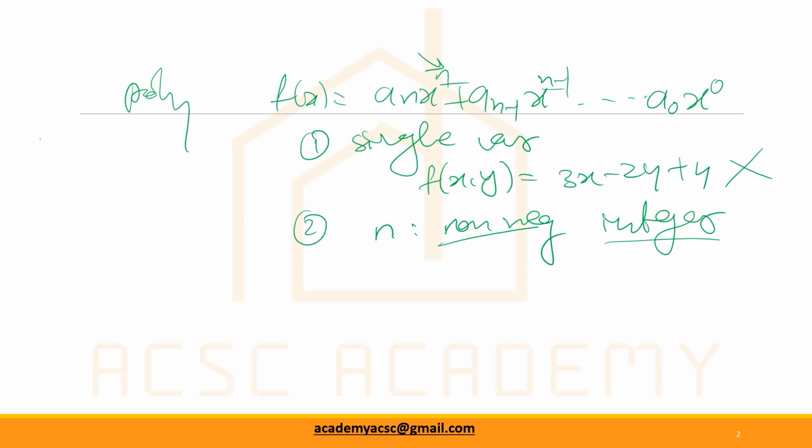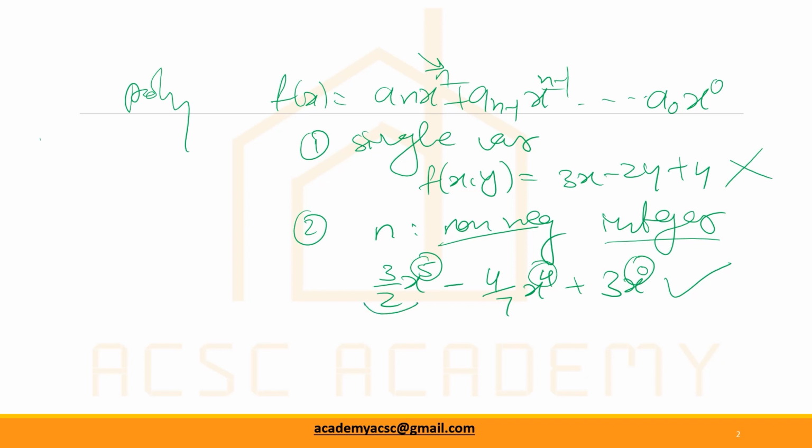So if we have an equation something like 3 by 2 x to the power 5 minus 4 by 7 x to the power 4 plus 3, then yes, this will be a polynomial because here we can see the powers are definitely non-negative integers, 5, 4 and 0, that is allowed.